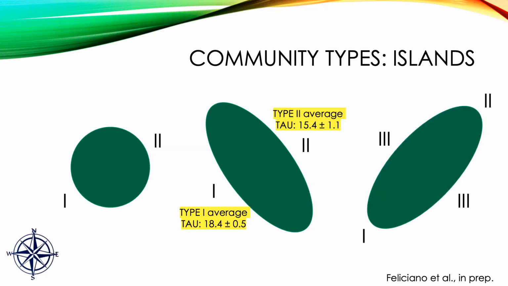But more important, look at the richness. Okay, mali yung caption ko dito. This should be Taos. And notice, mas mababa pa yung diversity ng type 3.